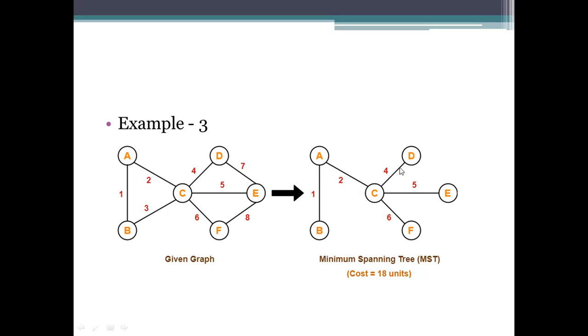So 1, 2, 4, 5, 6 will be present, which has the cost of 18, and it is used as the minimum distance to travel. Minimum cost means when you are traveling from one place to another, look for the minimum distance to cover, to save time.